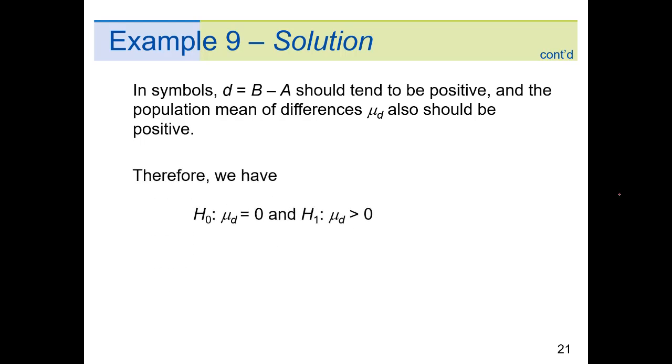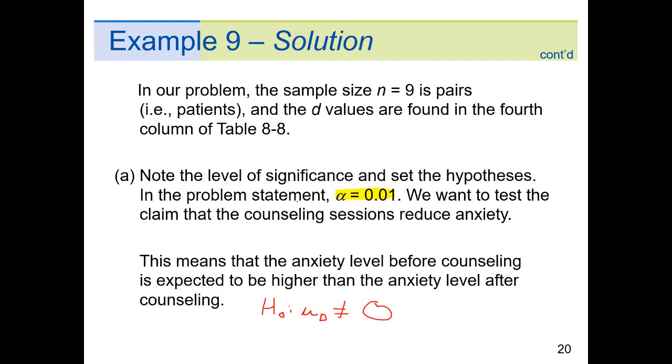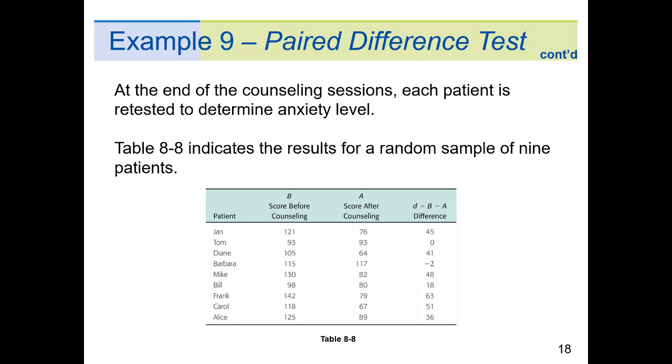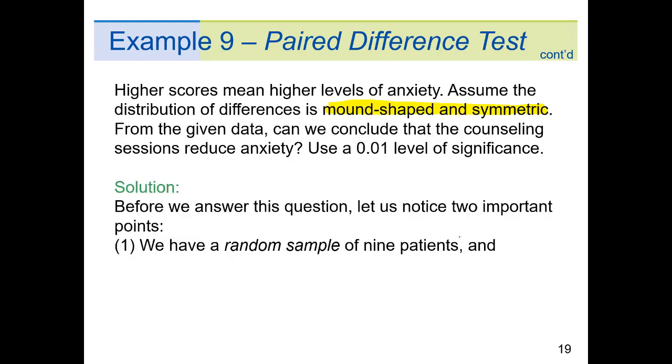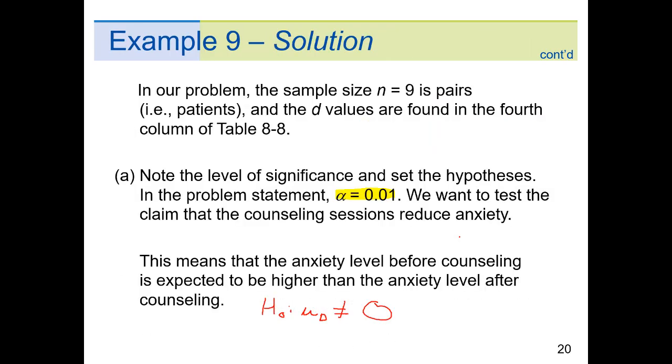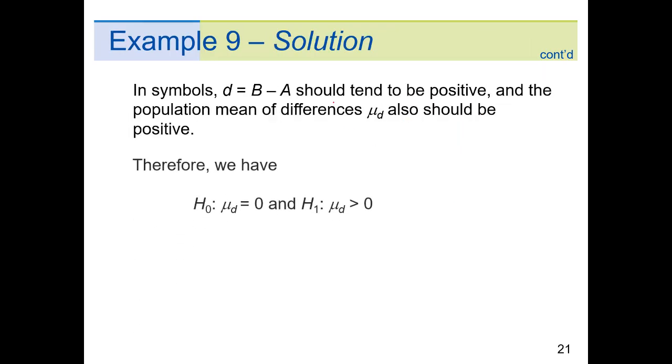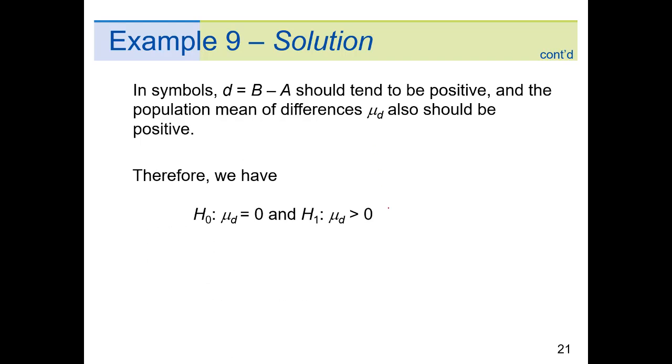Now, our alternate hypothesis is that this is reducing anxiety, and so that's going to be a positive difference. Remember, in our examples here, like Jan's anxiety score went down by 45, but that's positive, right? So we're seeing that if it actually does decrease, the mean of differences should be positive.